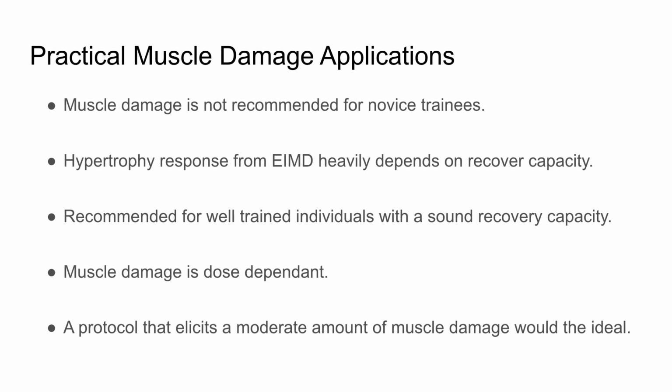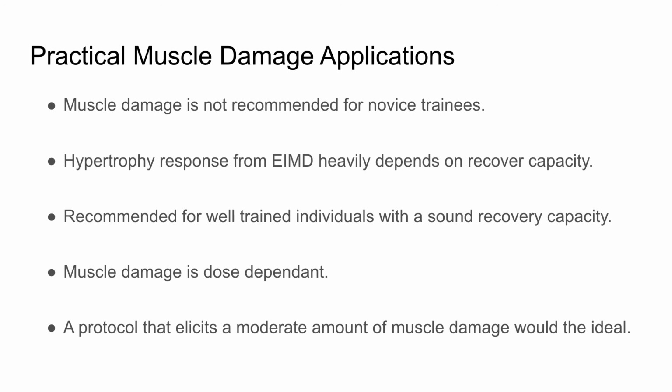So using muscle damage as a mechanism of hypertrophy is not recommended for novice trainees. And this is because the hypertrophy response seen from exercise-induced muscle damage heavily depends on recovery capacity. Novice trainees simply don't have the ability to repair and recover quick enough between bouts of training. So the goal isn't to slam them into the ground, because if you do, it'll be too long before they're able to hit the gym again.